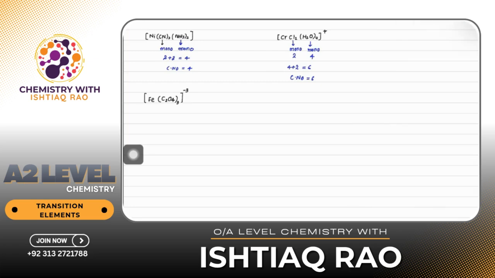Right? So, yep, this is a bidentate ligand. So 3 multiplied by 2 is equal to 6. Again, I can say coordination number is 6. Now it's your turn. You're supposed to tell me, okay?